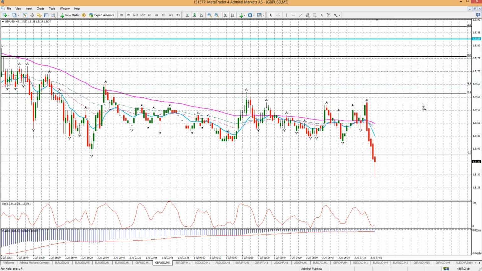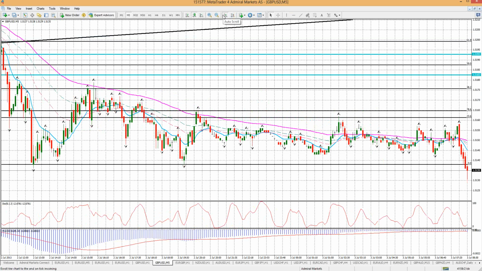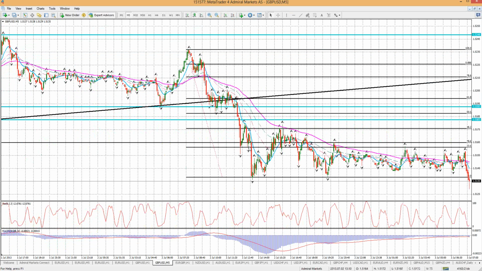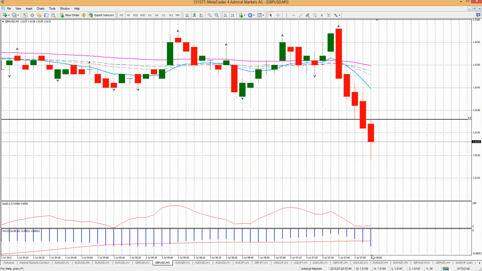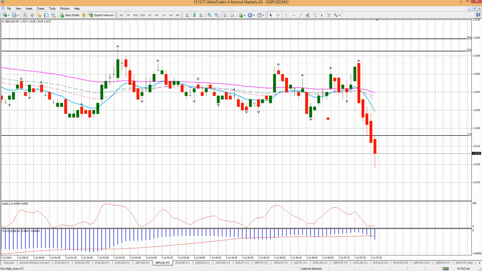I cannot zoom out more. Okay. Weird. Anyhow, if it stays, let me take a look at the Asian high and Asian low.